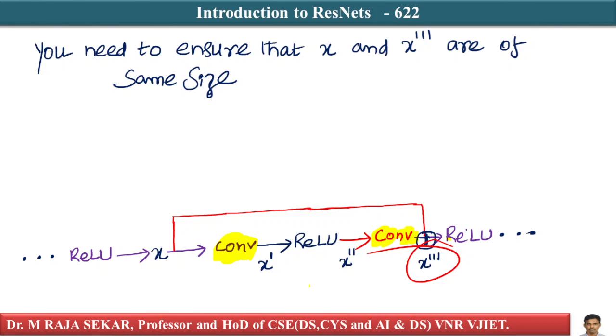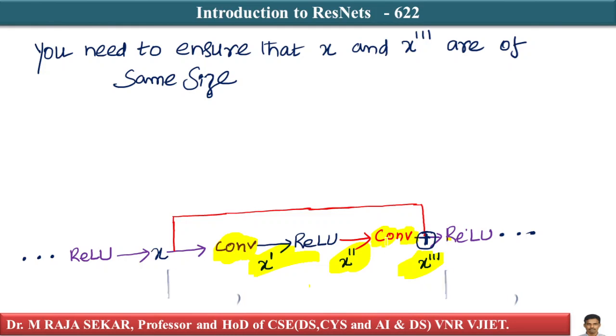So you need to ensure that the convolutions you are performing guarantee that x dash, x double dash, and x triple dash are of the same size. They must be of the same size.